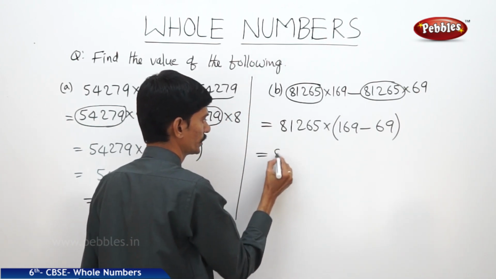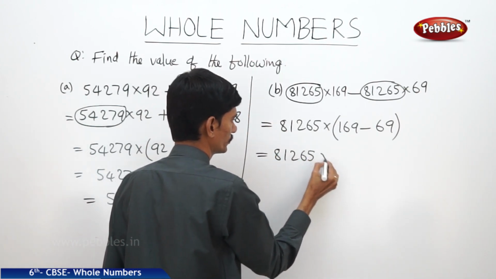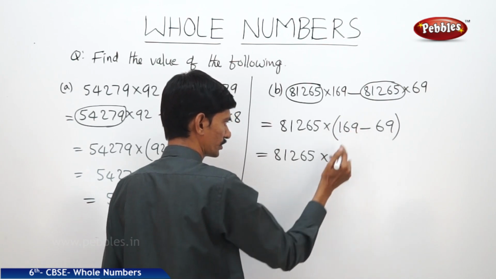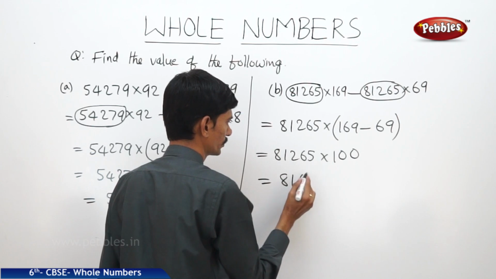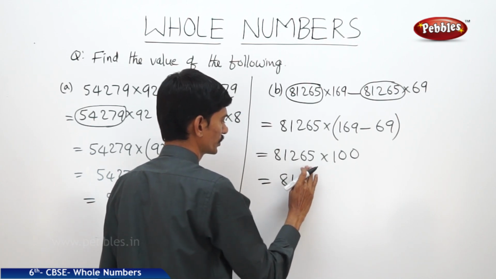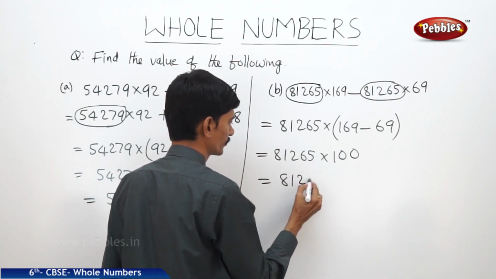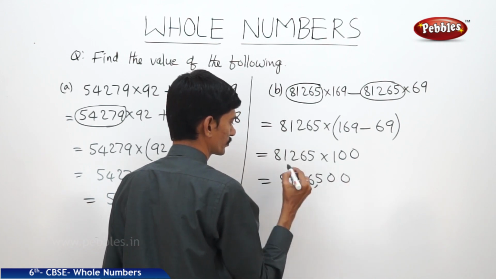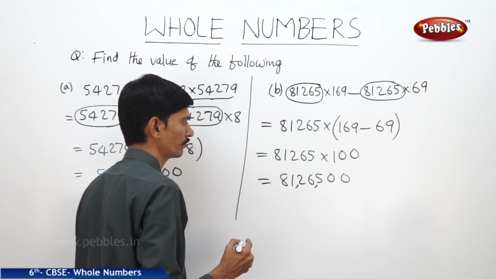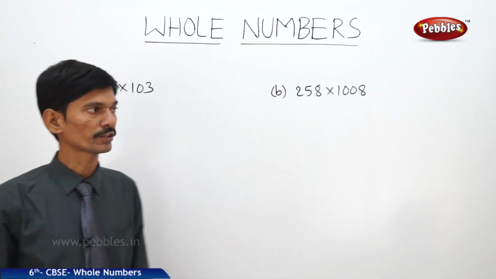So this equals 81,265 into 169 minus 69 is 100. So then this equals 81,265, then 2 zeros. So this is 81,26,500. Now let us solve the next question.